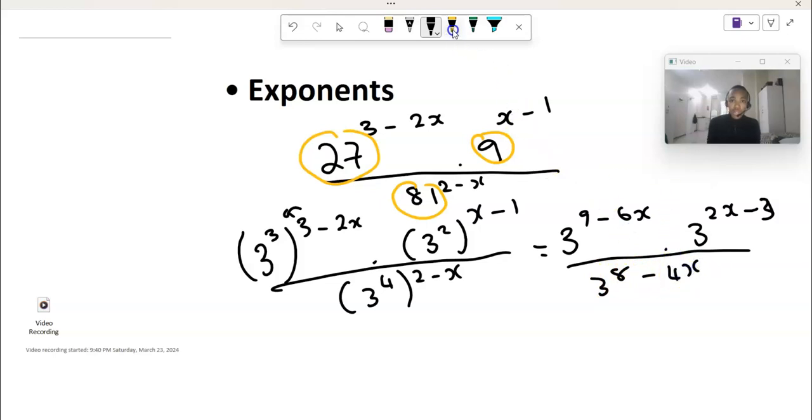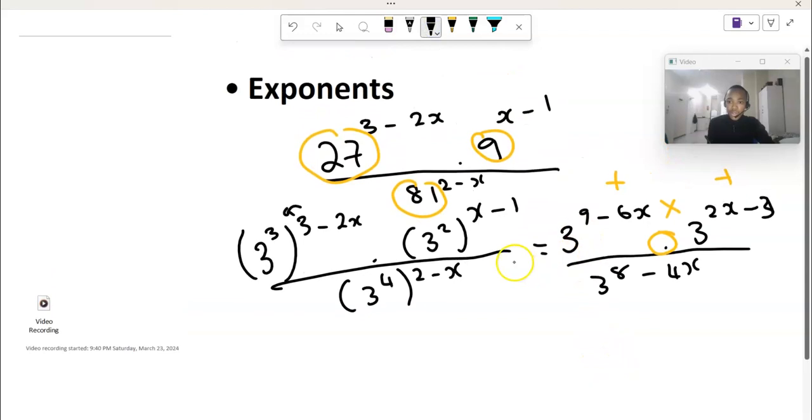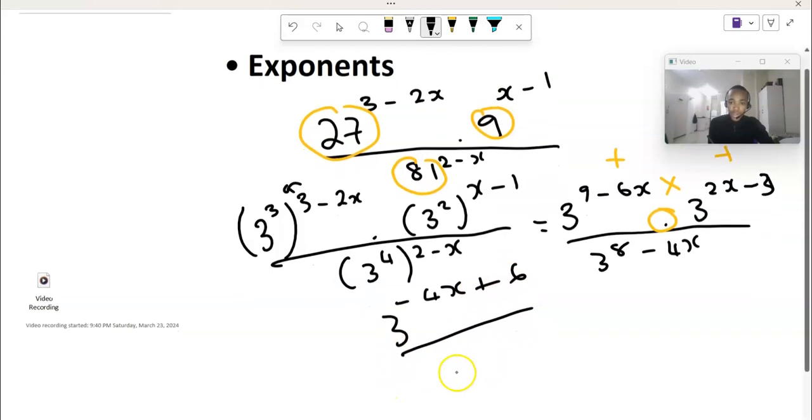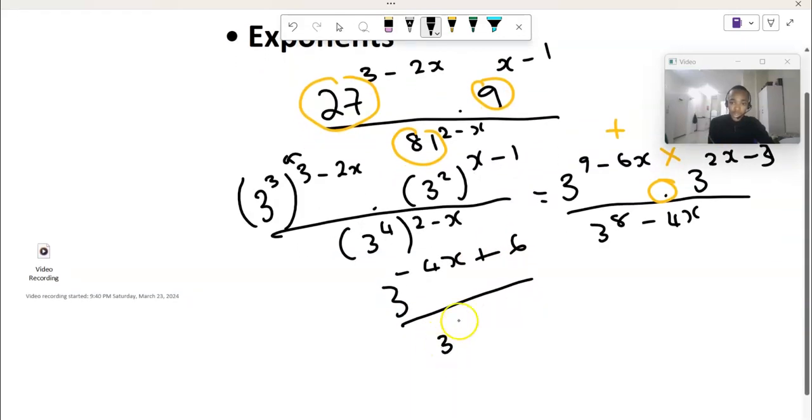The next property: we are multiplying here, so we're adding the exponents. So we'll have 3 to the 9 plus, or rather negative 6x plus 2x is negative 4x, and then a 9 minus a 3 will give us a 6. It's all divided by 3 to the 8 minus 4x.